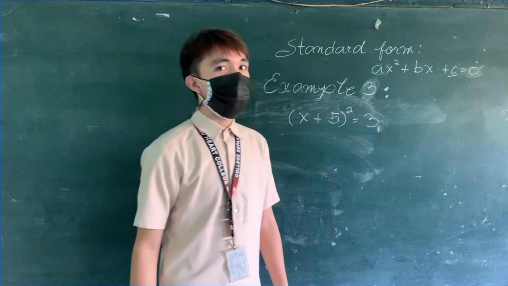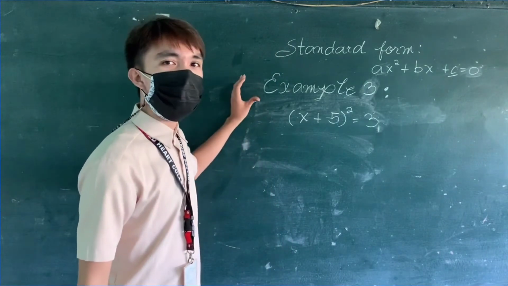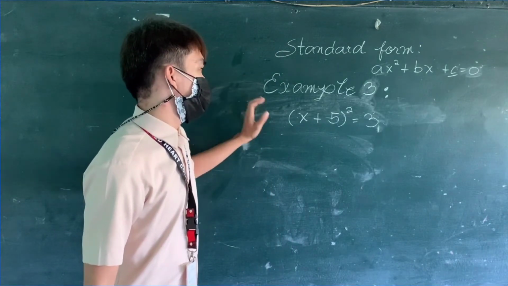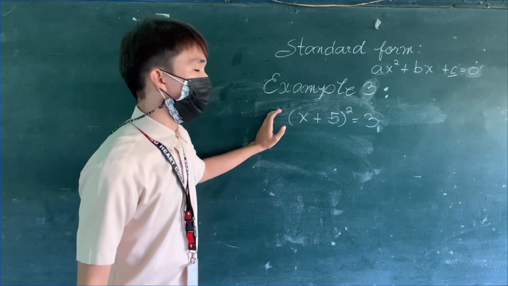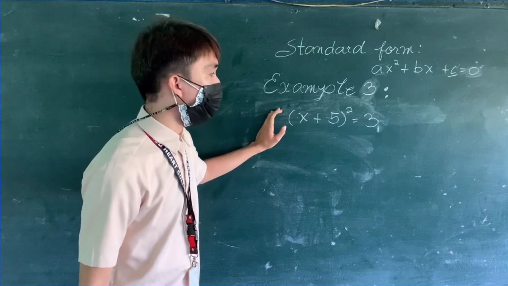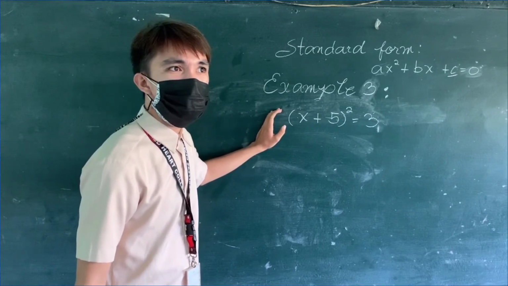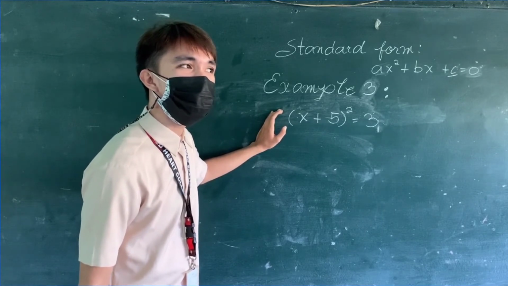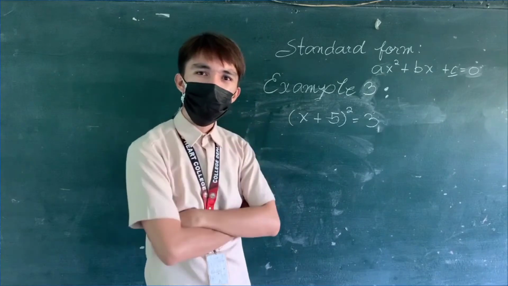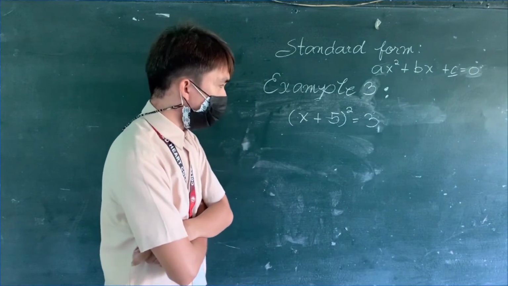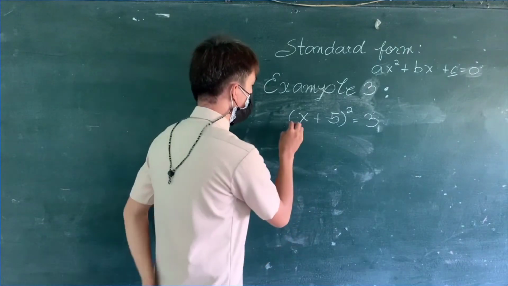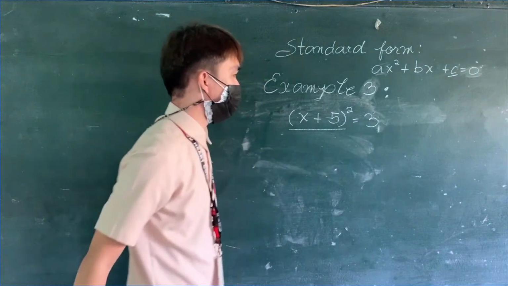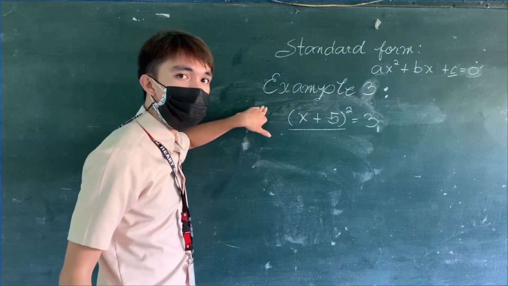Let's proceed to our last example. Example number 3. The quantity of x plus 5 squared equals 3. So this is quite different from the previous examples. Right, class? So, what do we do here? All we have to do is simplify this binomial first.